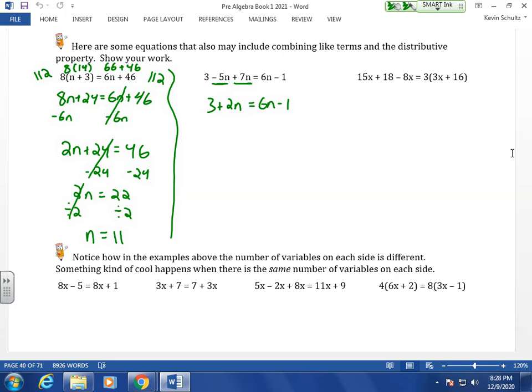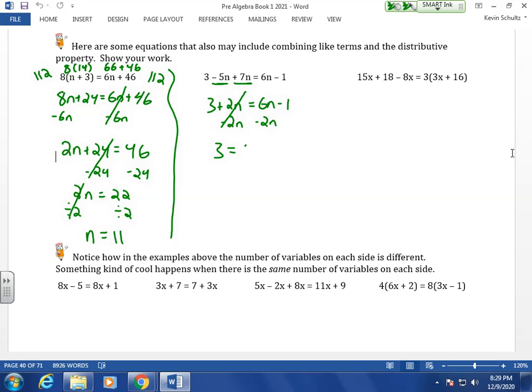So I look at this, I don't have parentheses, I don't have any more like terms, I'm down to just variables on both sides. Okay, which side has more n's? And how many more? The right side has 6 n's compared to 2 on the left, so it has 4 more. Mathematically, subtract 2n from both sides to cancel them out on the left.